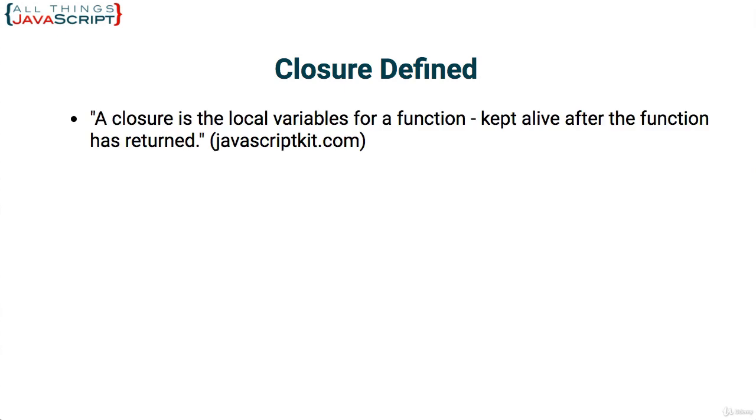Now let's define closure. I've gathered 3 definitions of closure that we'll look at first, and then we'll look at several examples. First off, this comes from javascriptkit.com. A closure is the local variables for a function kept alive after the function has returned. So what it's saying is when a function is finished, those variables are still accessible.